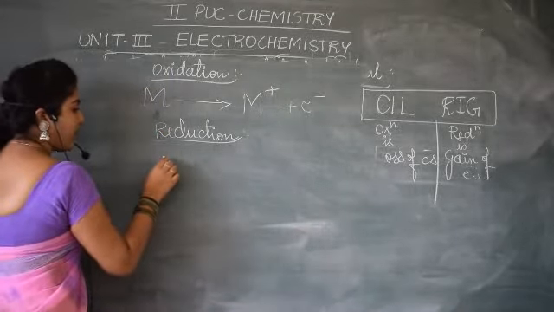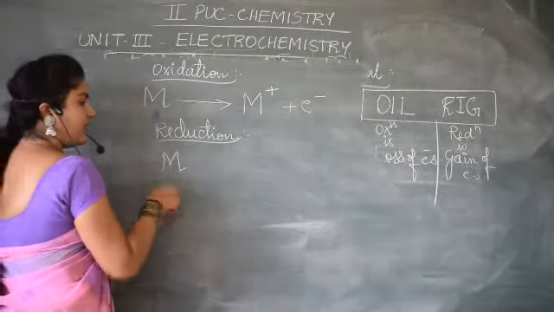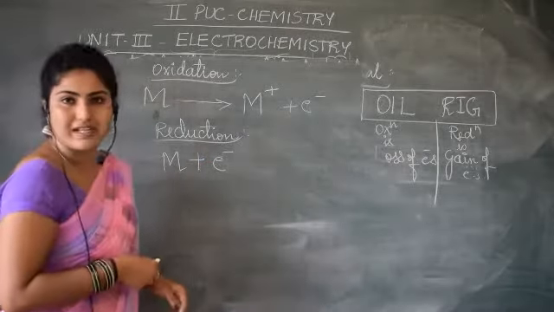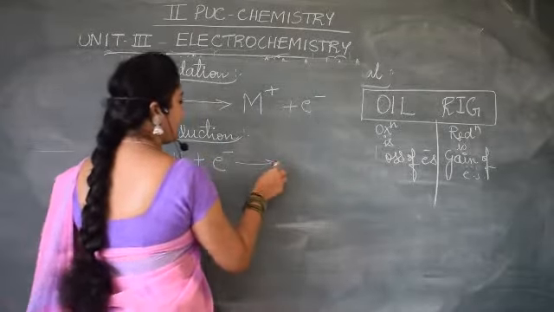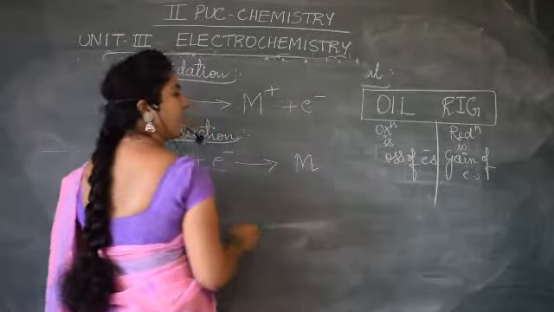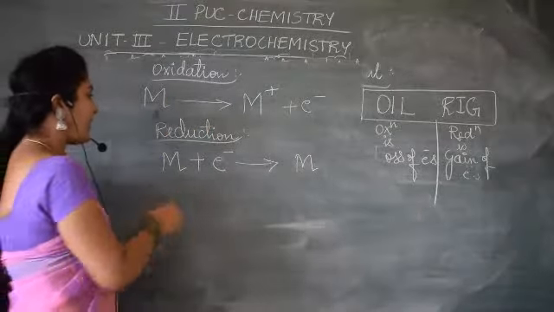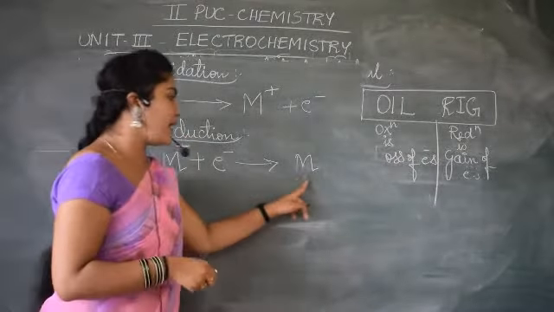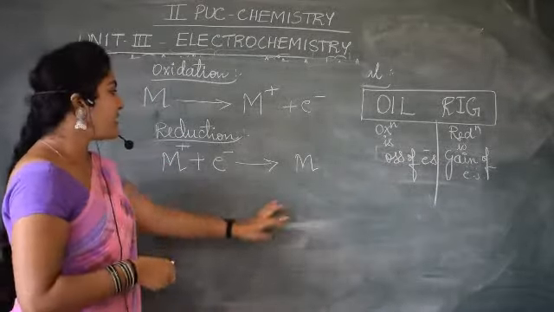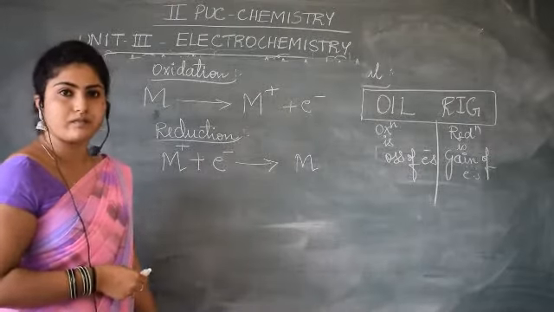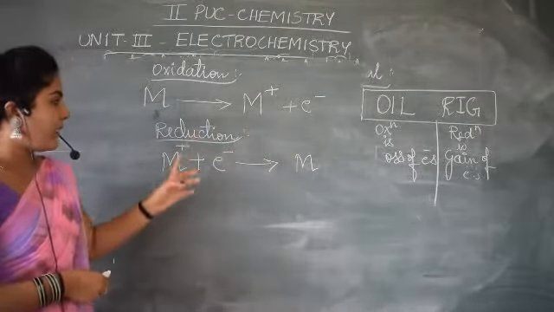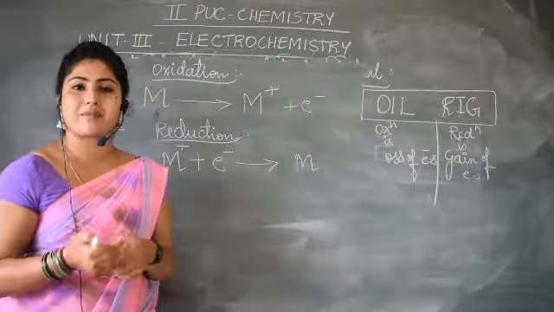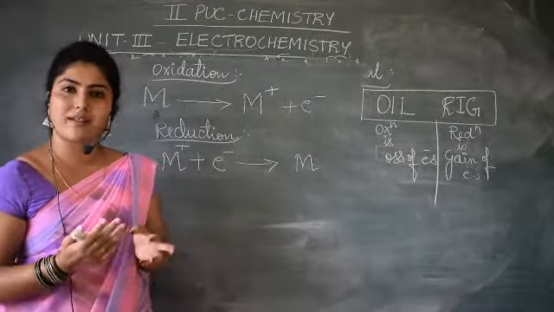Now reduction means the metal accepts the electron which is lost during oxidation and becomes M. That is, if this is M plus, it gains an electron and becomes M. This is called reduction. You understand? If oxidation and reduction take place simultaneously, we call it a redox reaction.